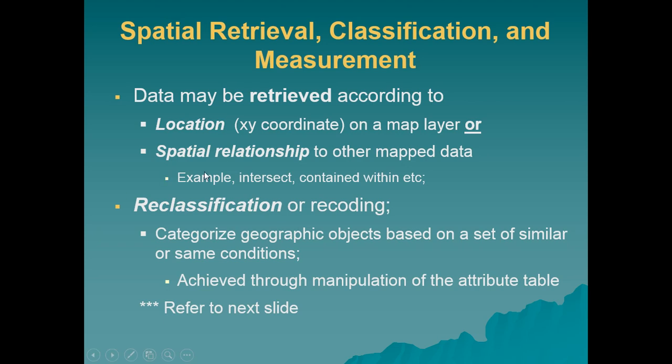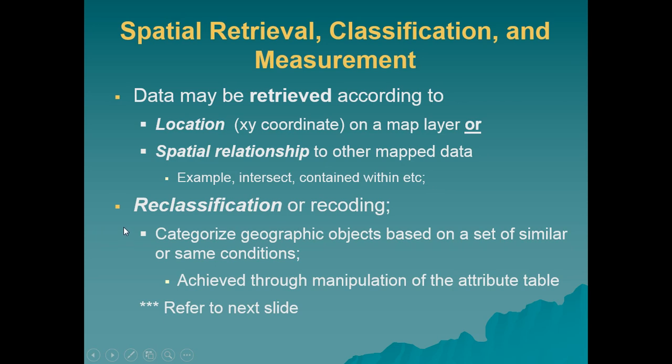For example, as I said, intersection. Do I have two data layers where the features intersect with each other in the same geographic location, or do I have certain features that occur within the boundaries of another? So these are examples of data retrieval where I have defined the criteria that I want.